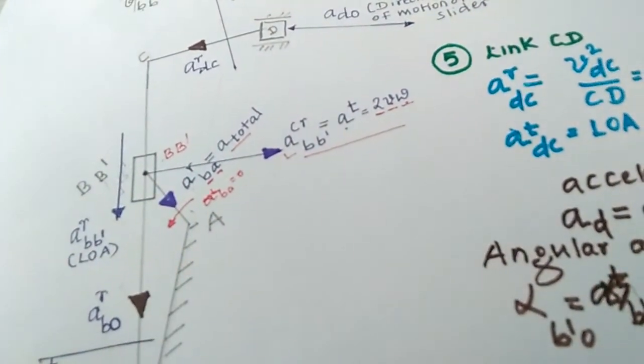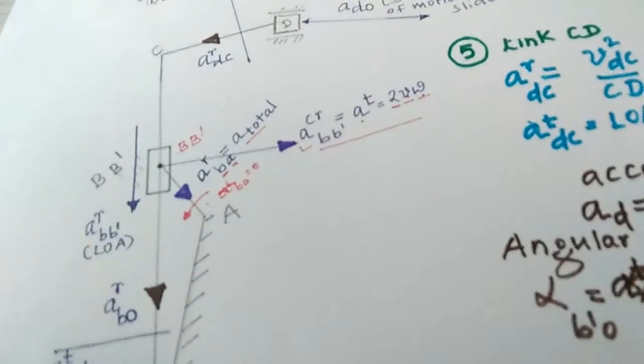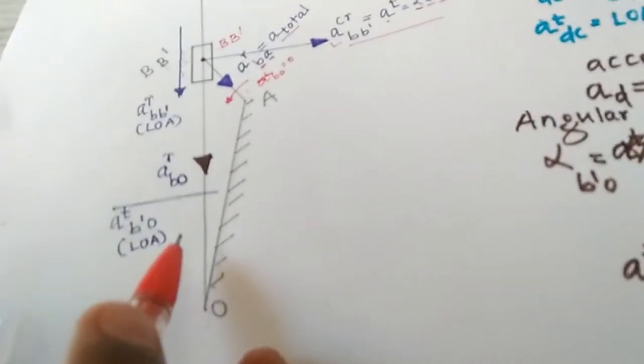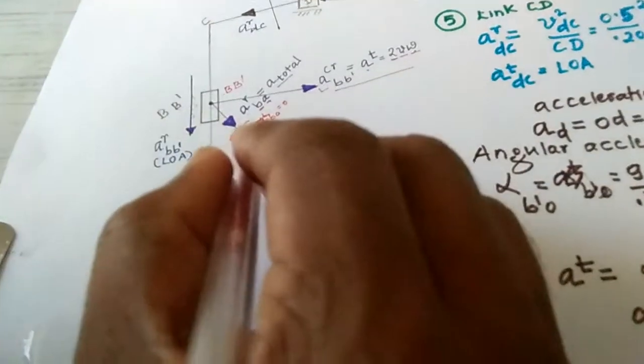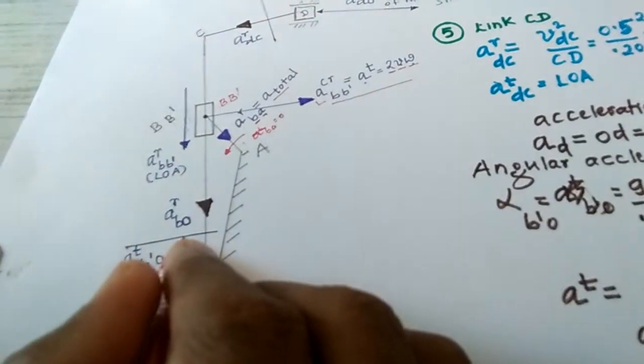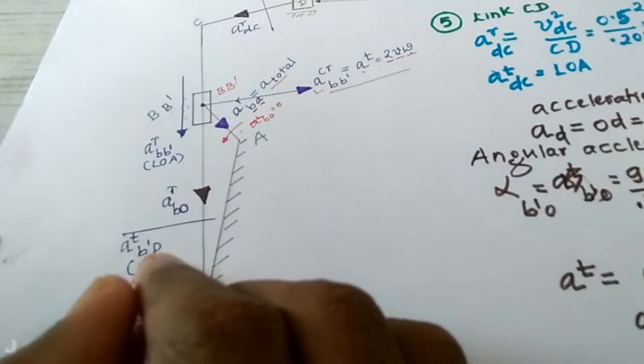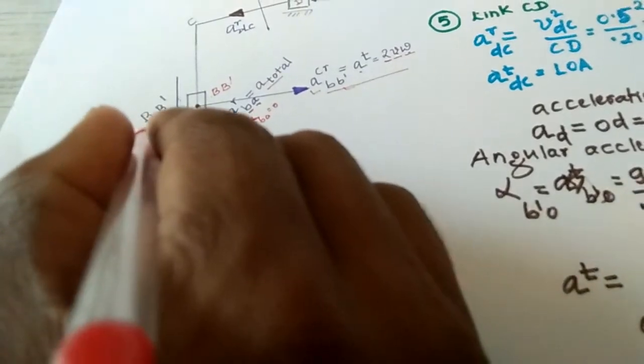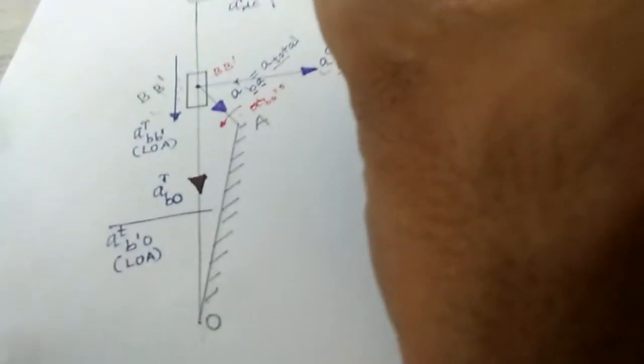You come to the link OB dash. Here also, this is B dash. You come to the link B dash. In that case also you will find two components: one is the Coriolis component at B dash, and the other is the radial component. Look at this one.